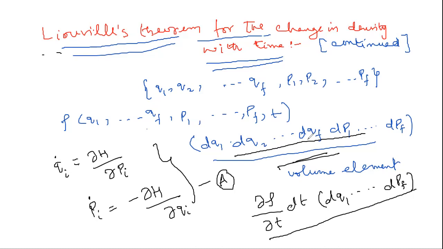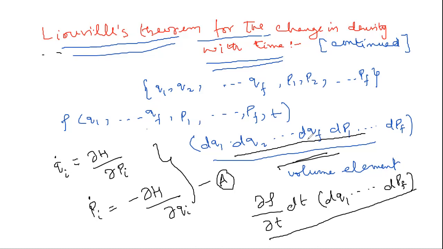Then we found that number by focusing our attention on the number of systems entering and leaving the volume through two faces. We considered a two-dimensional situation. One face was q1 is equal to constant, and the second face was q1 plus dq1 is equal to constant.